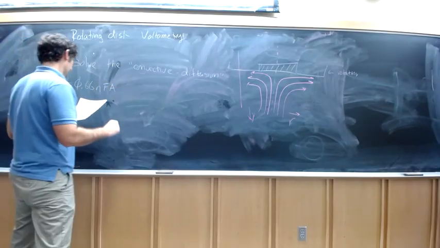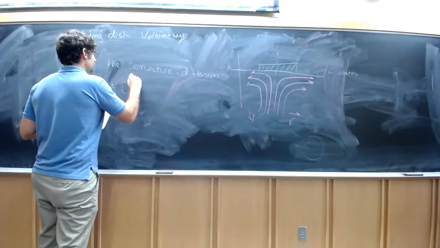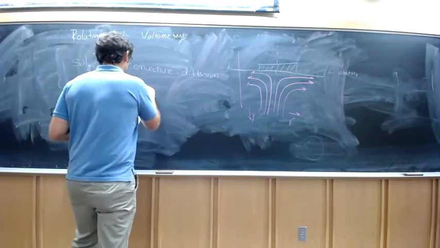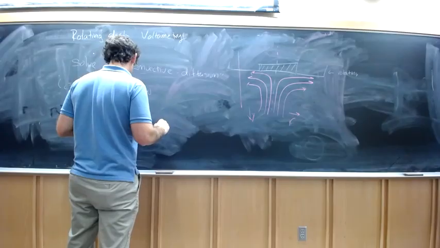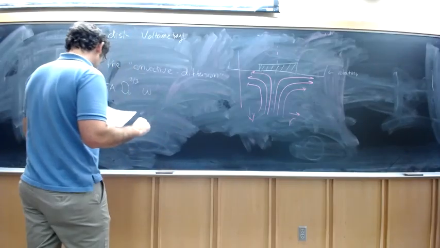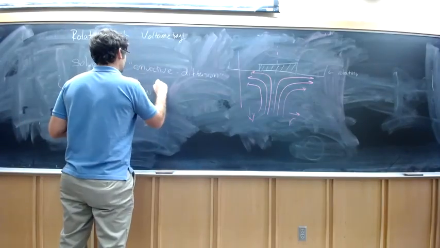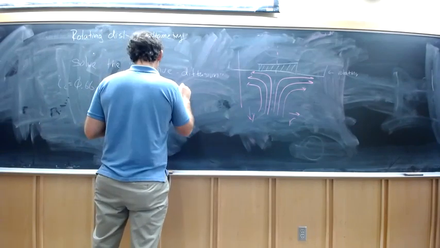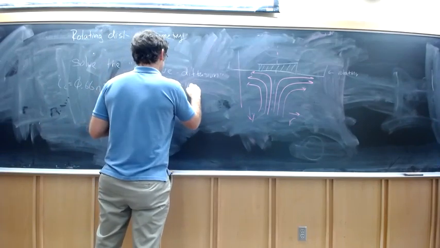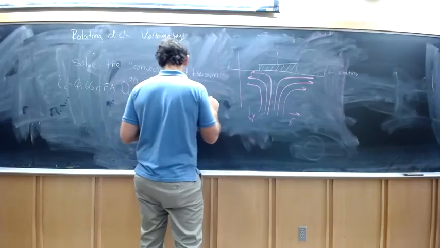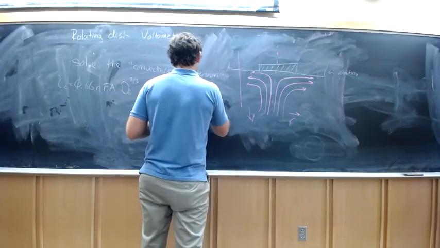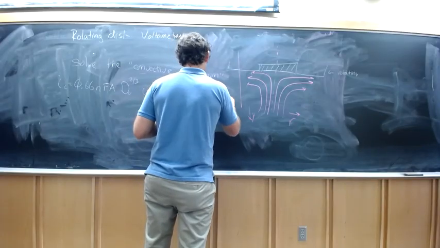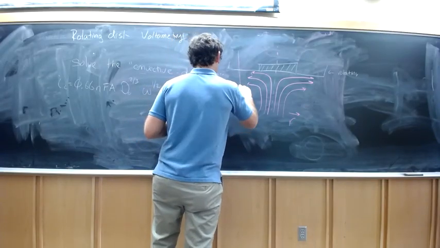NFA, so that's always in there. Diffusion coefficient to the 2/3 power, the angular frequency to the 1/2, the scan rate to the -1/6, times C_O star minus C_O at y equals 0.